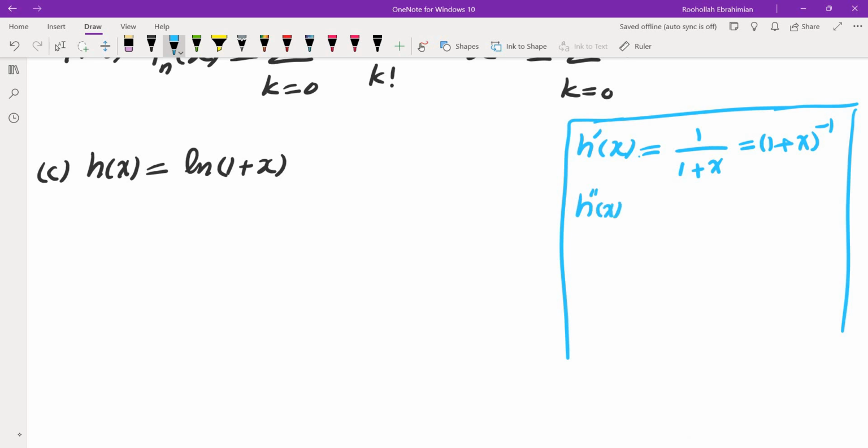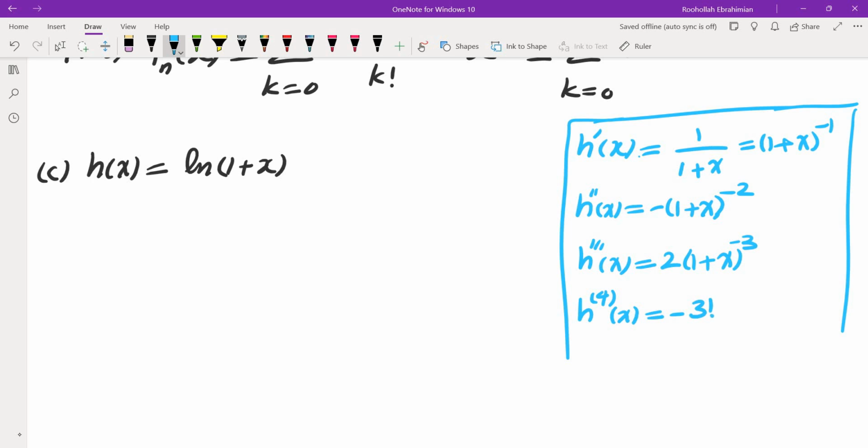H double prime becomes -(1 plus x) to the power of -2. H triple prime becomes, you put the -2 in front, (1 plus x) to the power of -3. H4 of x becomes negative 6, which you can see is 3 factorial, times (1 plus x) to the power of negative 4.